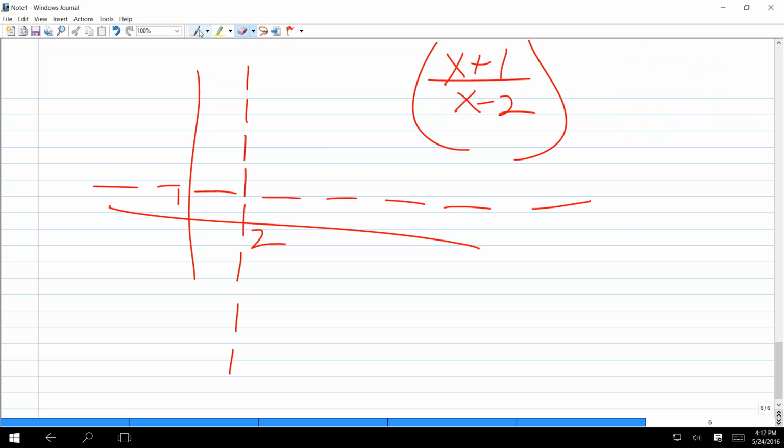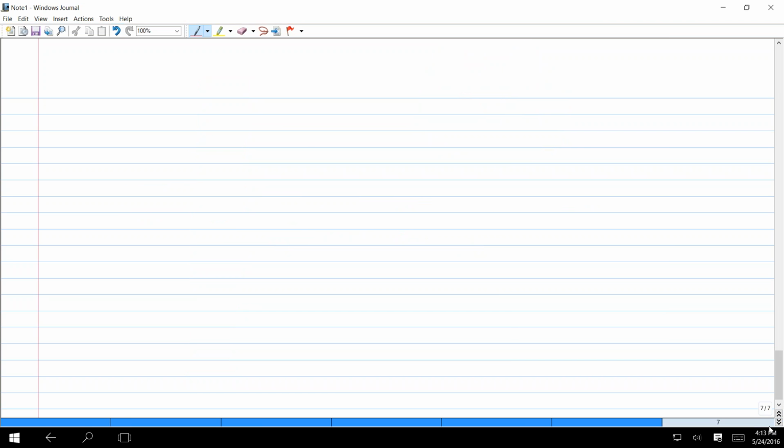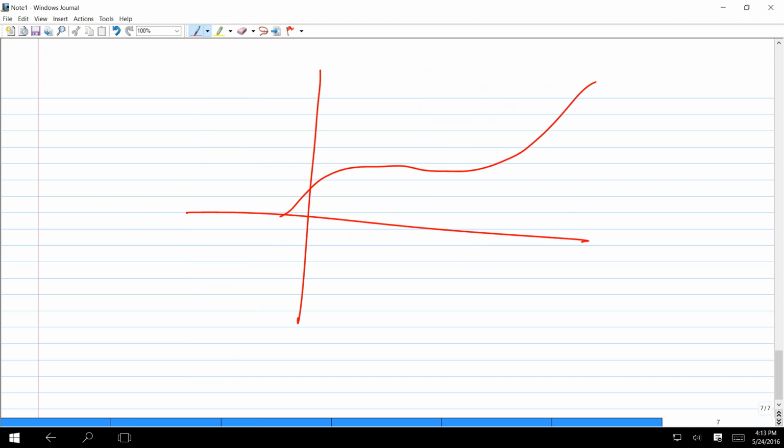Now, the only reason I ask that is because it says if the graph is that of a function, is it 1 to 1? Well, here's what 1 to 1 means. Let's talk about that before I get into graphing this. 1 to 1 means it not only has to pass the vertical line test, but it has to pass the horizontal line test.